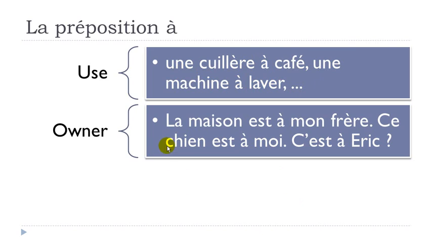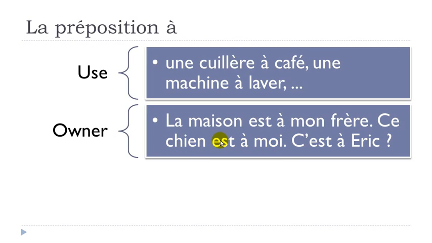Another option will be the owner. If you want to say la maison est à mon frère, the house belongs to my brother, in that case we use this être, to be, and then à here, mon frère, my brother. Or then you could say ce chien est à moi, this dog is mine.